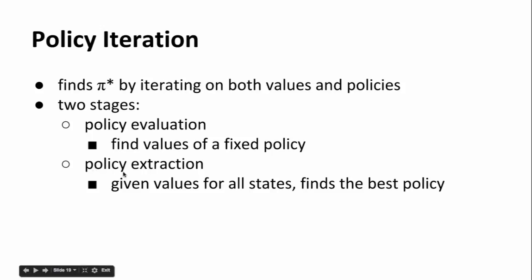And then there's going to be a policy extraction stage where we are given the values of all the states that we calculated in our policy evaluation stage. So we're given those values, and then we're going to find the best policy given those values. So here in the policy extraction stage is where we're going to change and improve our policy. All right, so let's talk a little bit more about what policy evaluation and policy extraction do.